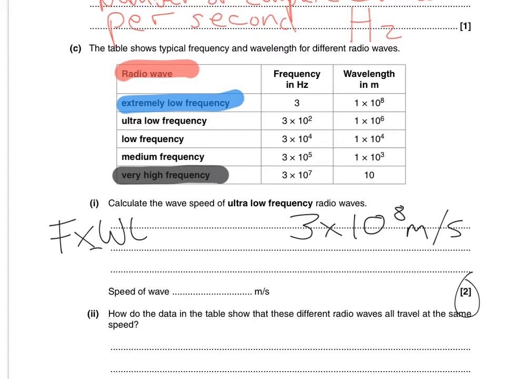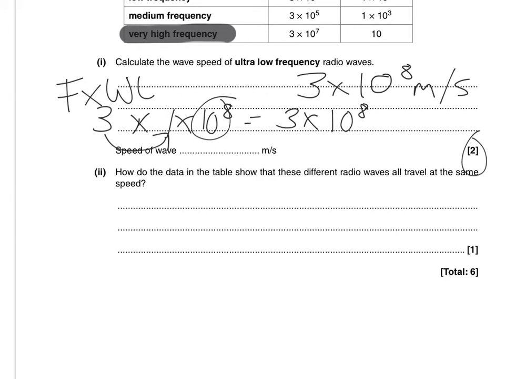So if we have a little look, 3 multiplied by 1 times 10 to the 8, you should know, obviously, the 3 times 1 is just going to be 3. You can leave 10 to the 8 as it is, so it's 3 times 10 to the 8, okay? And that's it, meters per second. There's your 2 marks, okay? A little bit tricky, but again, if you remember the speed of light, or you just work your way through it, you can get 2 fairly straightforward marks.